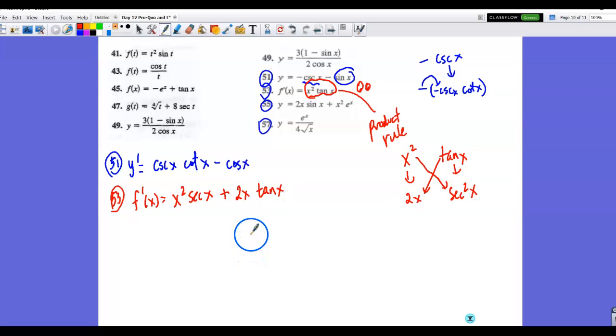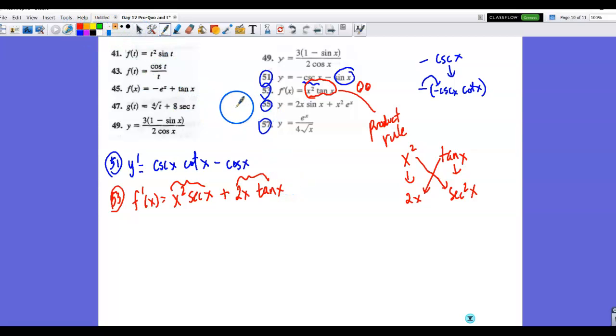I could factor out an x, but it is unnecessary. It doesn't really do anything to make this answer better since I'm not trying to solve an equation or do anything with it. And also remember that addition is commutative, meaning that these two terms can be reversed and it doesn't change the outcome of the problem.